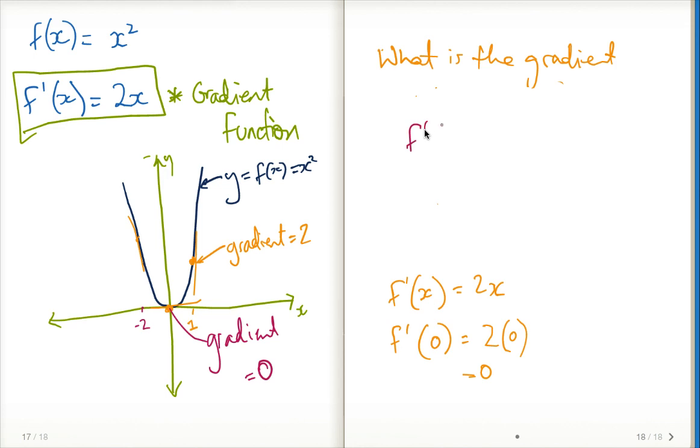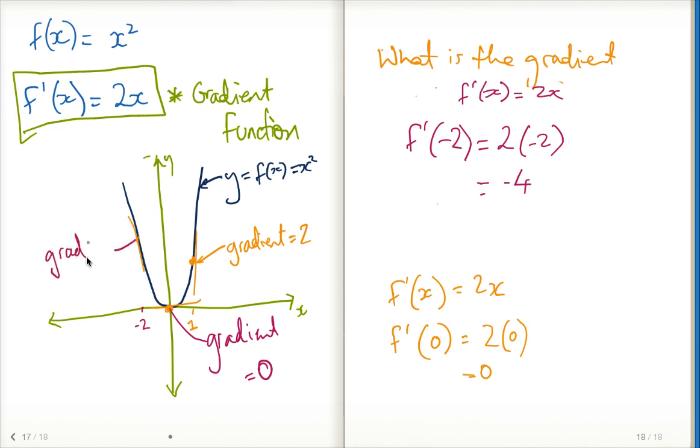So I want to find my f'(-2). Remember that f'(x), the gradient function, was equal to 2x. So f'(-2) is 2 times negative 2, and it equals negative 4. And that fits what we've got here. If this were even more accurate, this is steeper and it's negative. So here the gradient is equal to negative 4.